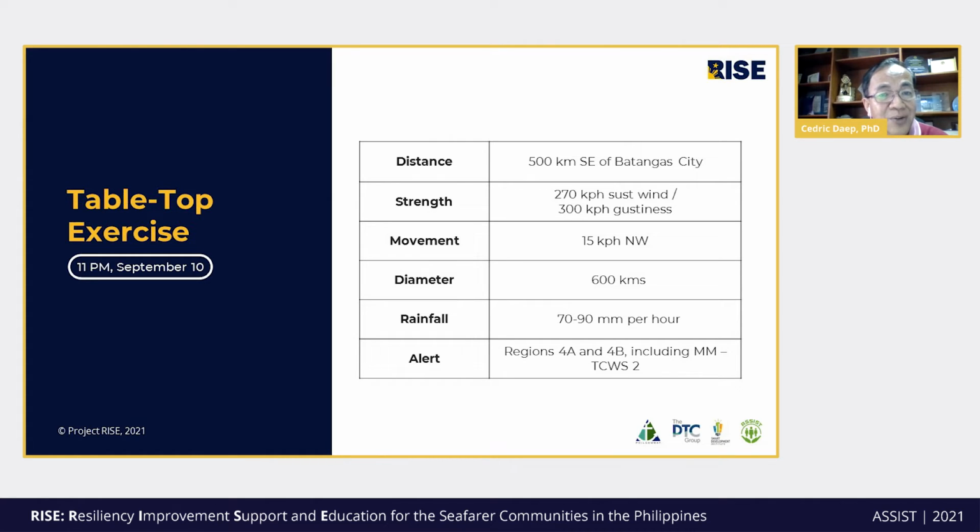Ilang oras bago mag-umpisa ang ulan? Within 13 hours, pwede na pumasok ang ulan, plus or minus 2 hours. Kasi 200 kilometers na lang ang space mo from the radius, being at 500 with the radius of 300. So 13 hours na lang.